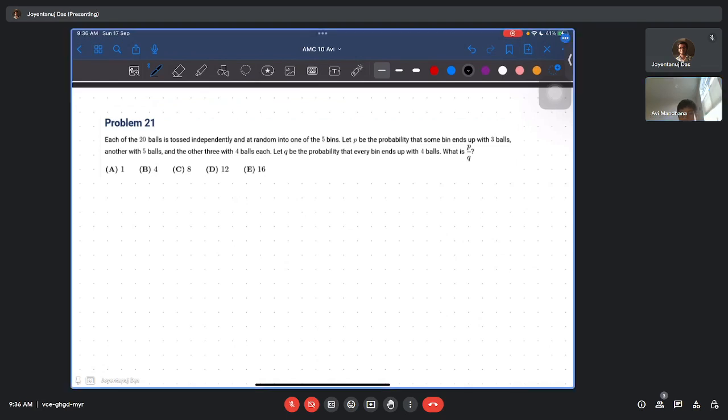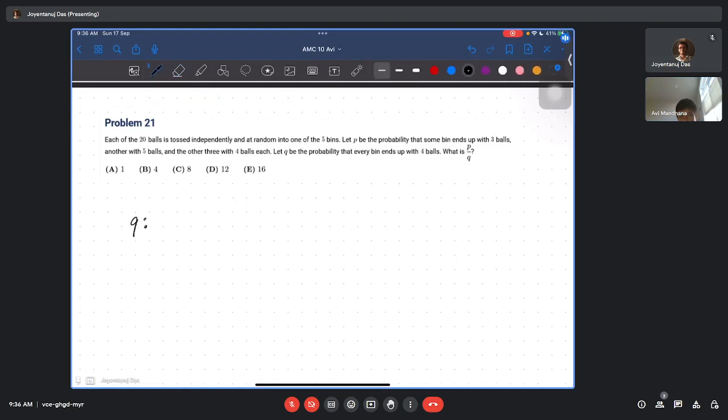Why? Can you explain why you are thinking Q is five? It's just how many ways you can arrange it. Yes, how many ways you have to arrange that. That is the idea. But can you list out the possibilities where it's 4 balls each? Yes, that we can do. So let us try to do that Q part first.